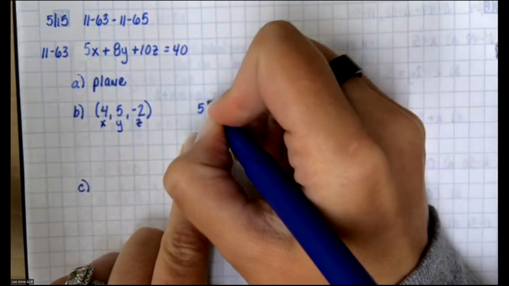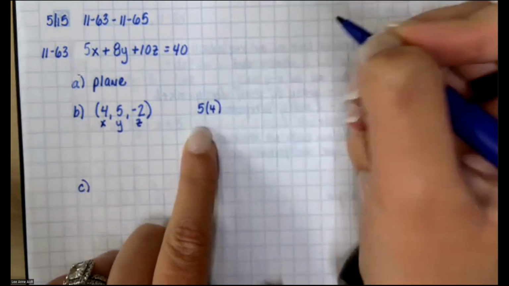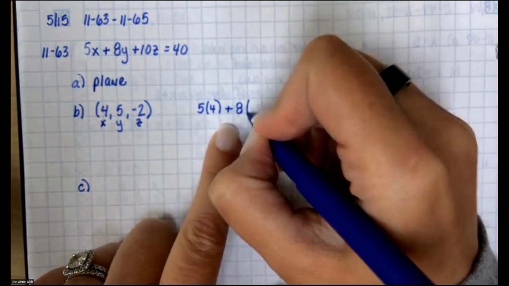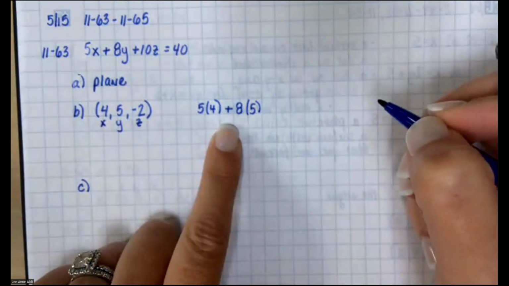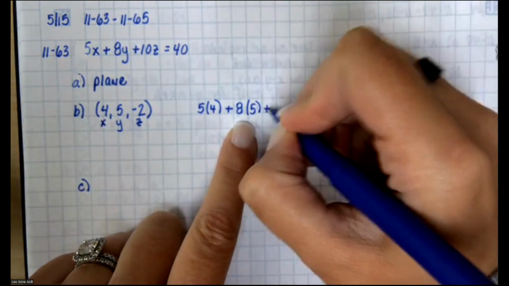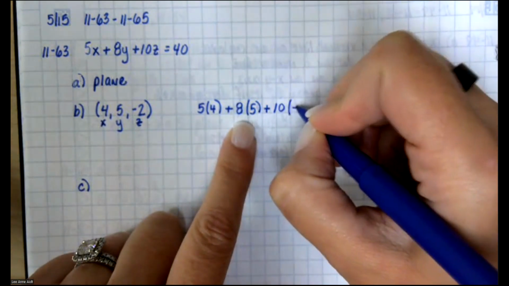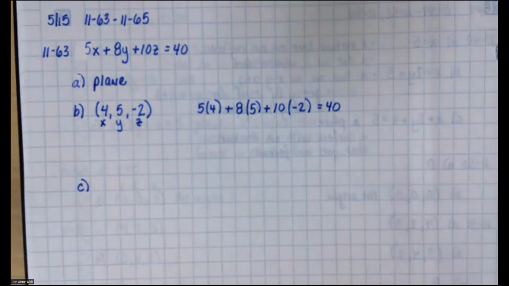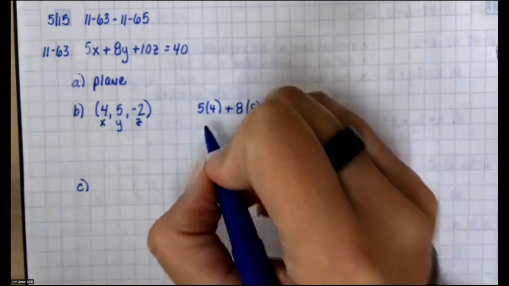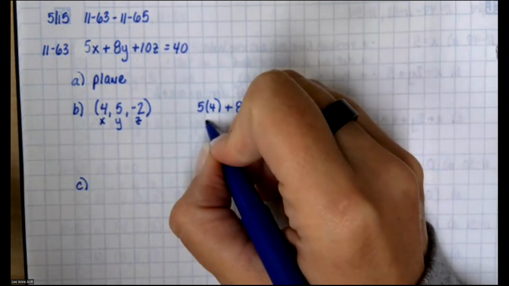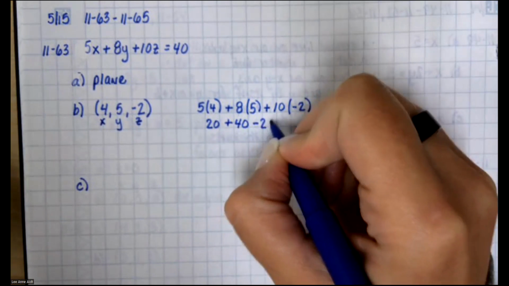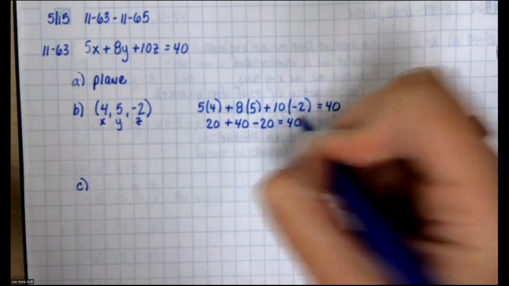So 5 times x becomes 4, plus 8 times y becomes 5, plus 10 times z becomes negative 2, equals 40. You can use a calculator when you do this on your own, but 20 plus 40 minus 20 equals 40.